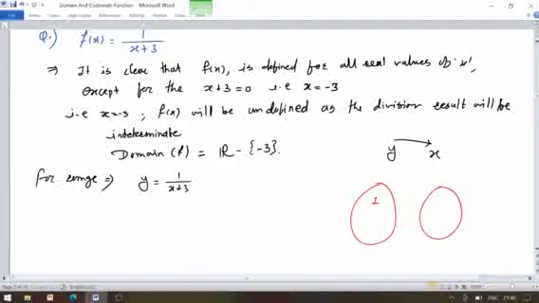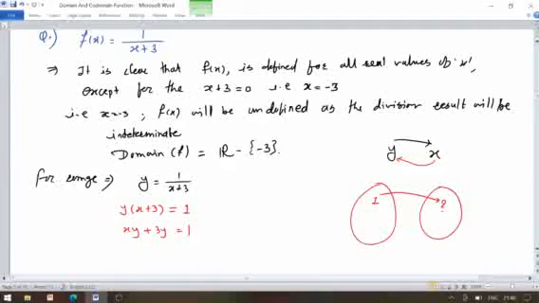Now we have to find which element from the codomain 1 is related to. So for that we have to express x in terms of the variable y. After shifting the denominator, it becomes a multiplier on the LHS. So we now have y into x plus 3 equals 1. After distributing y over the bracket, we get xy plus 3y equals 1.